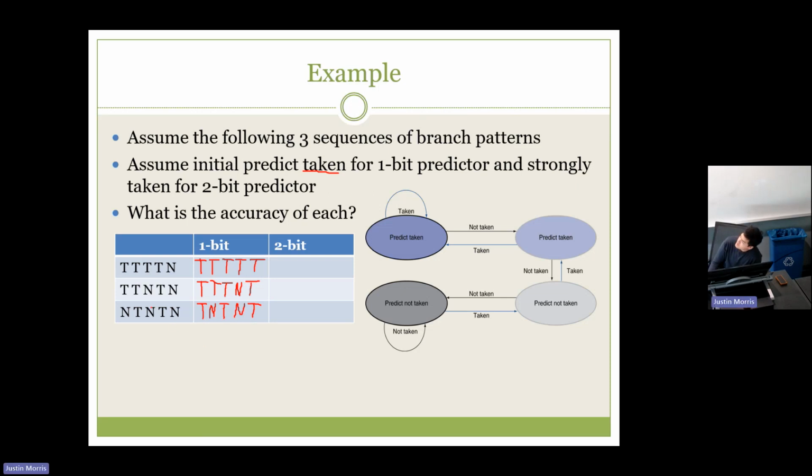So if it has this pattern, not taken, taken, not taken, taken, not taken, even if we're right the first time, we will be wrong for all subsequent times. This is a pattern that we see often with these statements as well.